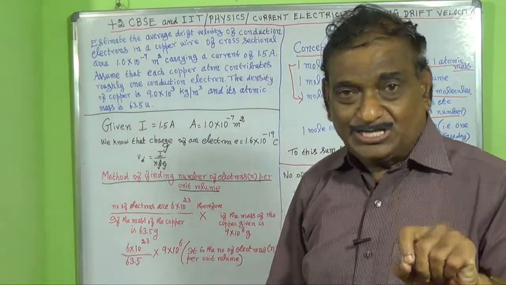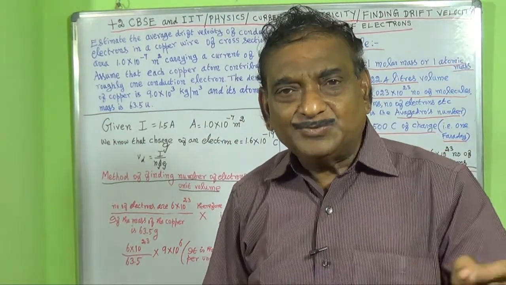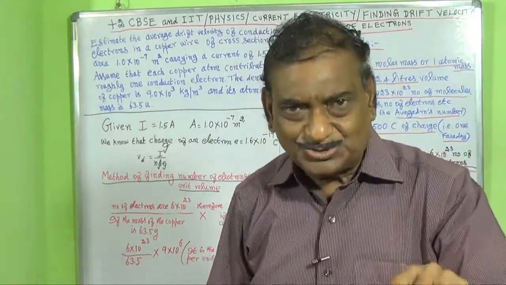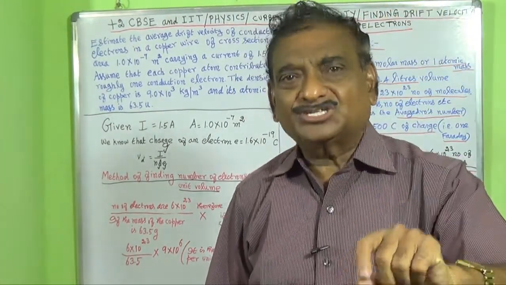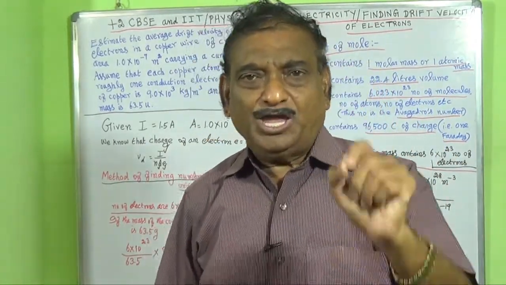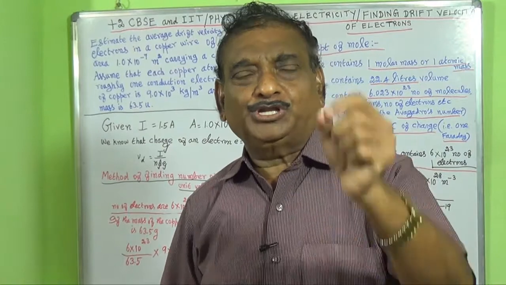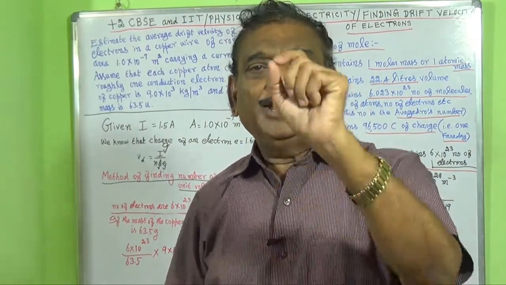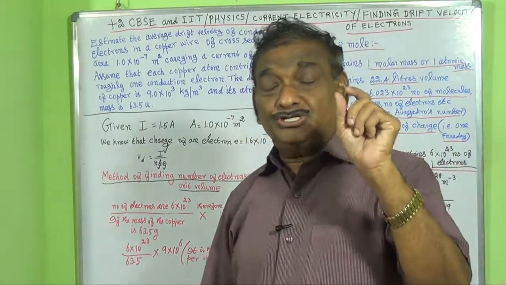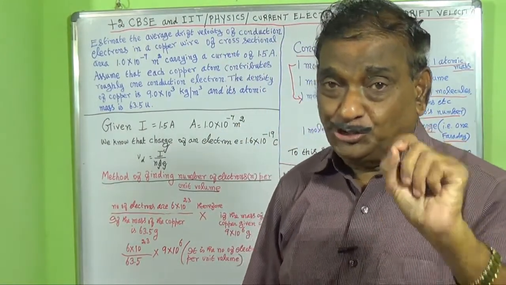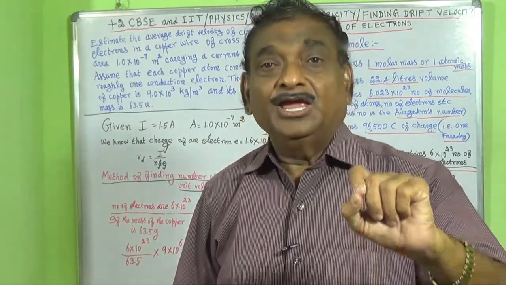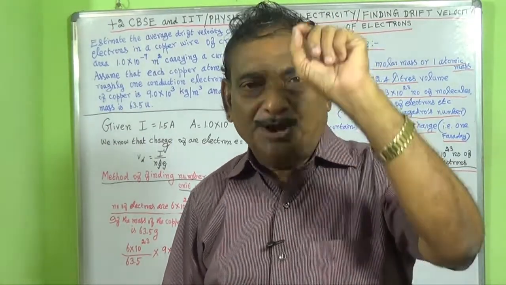If we express one mole in terms of number of molecules or number of atoms or number of electrons, etc., one mole contains 6.023 into 10 to the power of 23 number of electrons. This number is the Avogadro number.